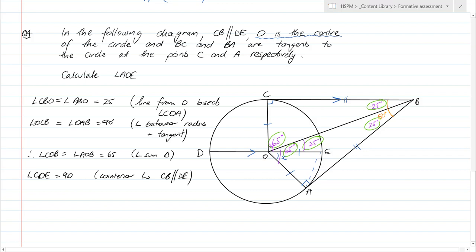And I'm therefore going to say, therefore, angle BOE is equal to 25 degrees, and this is angle sum 90 equals 65 plus 25, and therefore angle AOE equals 65 minus 25, which equals 40 degrees. And that's my final solution.